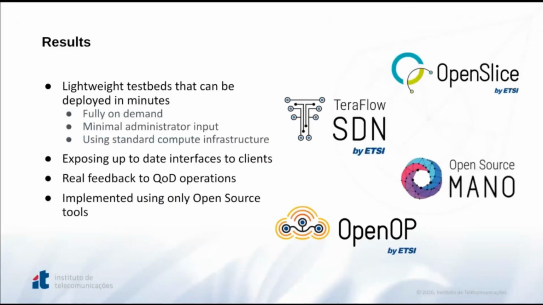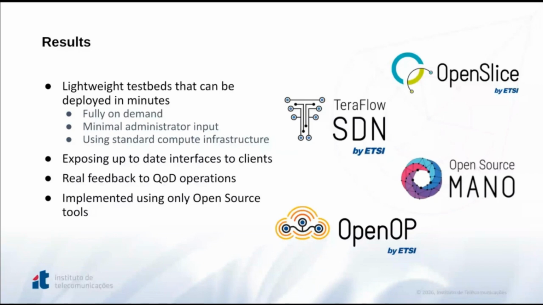So in terms of the results, we've managed to create a platform to deploy lightweight testbeds in minutes. This can be done fully on demand by the clients, only requiring a little administrator input to ensure the service order is correct and approve it.